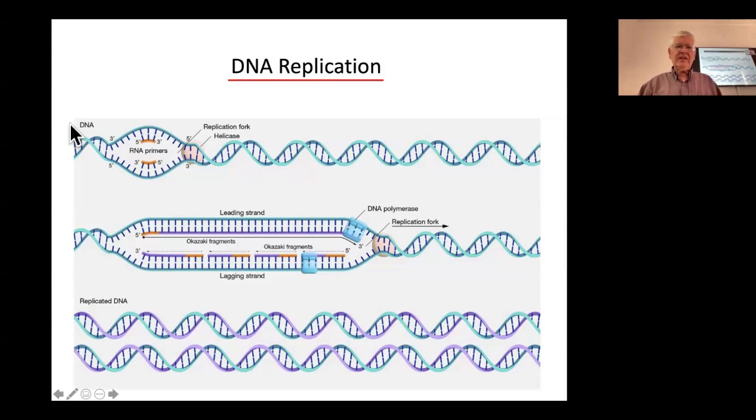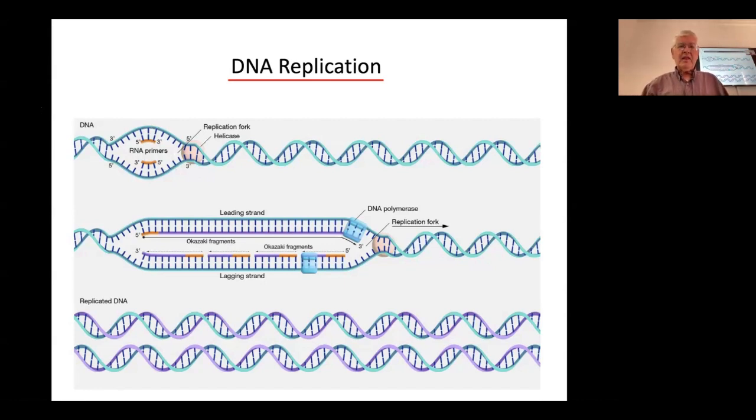So DNA is present as this double helix. You have the two strands running in the opposite direction, and they form this double helix. So step one, when DNA is to be copied, to make new copies of DNA, is there's an enzyme that pulls the strands apart and unwinds it. The enzyme that unwinds the helix is called a helicase, DNA helicase.